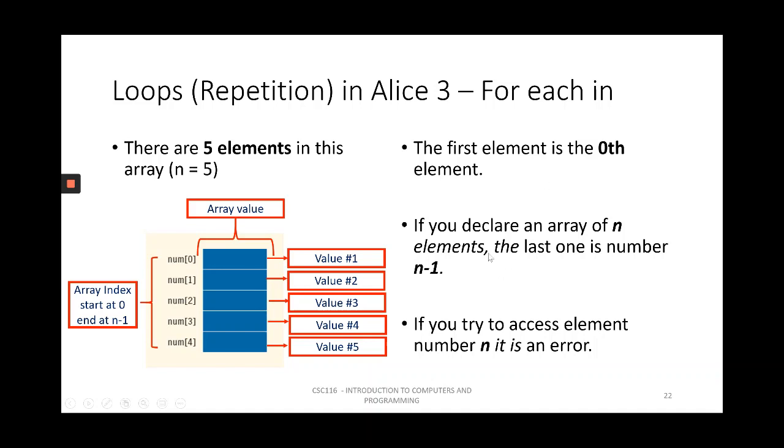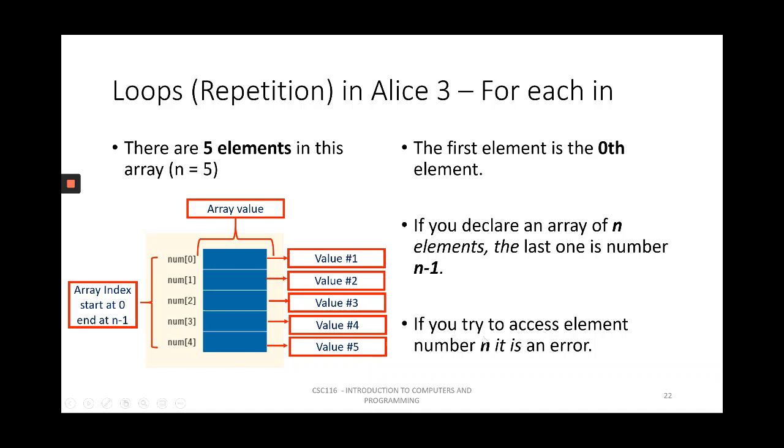Okay, if you declare an array of n elements, the last one is number n minus 1. So if we want to declare an array of n elements, the last number must be less than n.